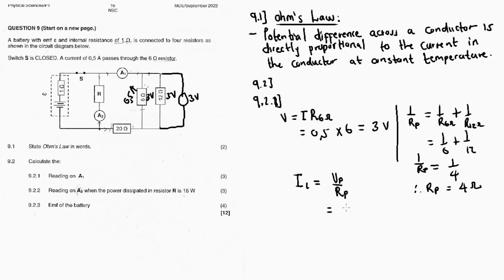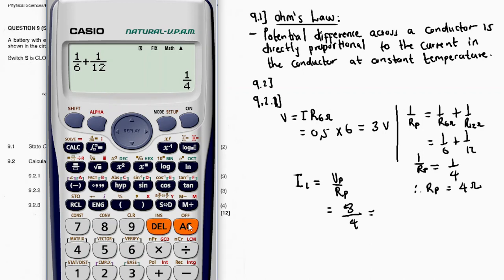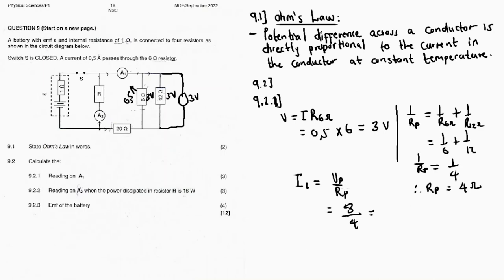So 3 divided by 4 is equal to 0.75 amperes. So this is our answer for the A1 reading.